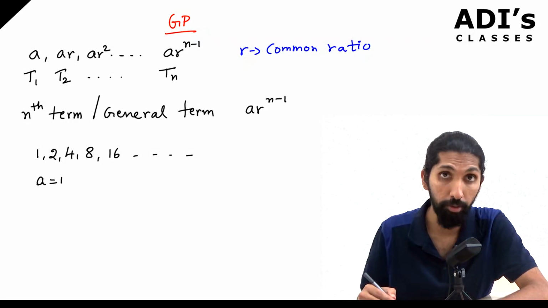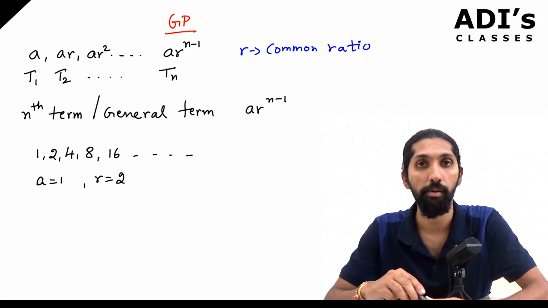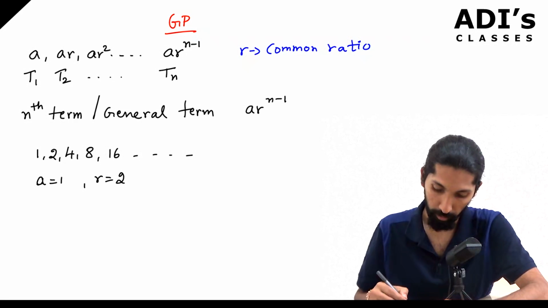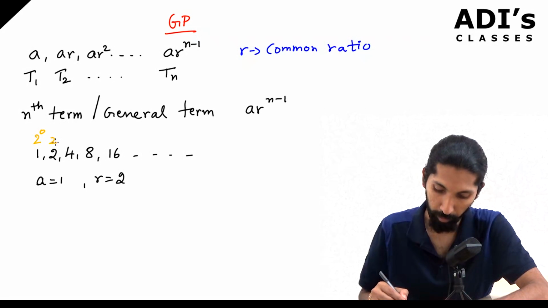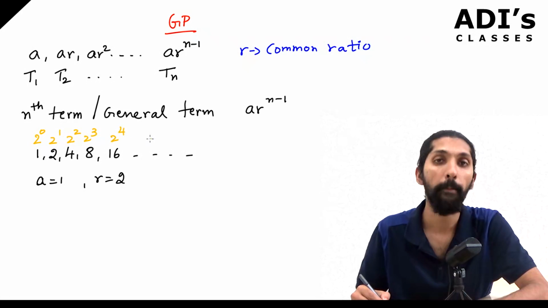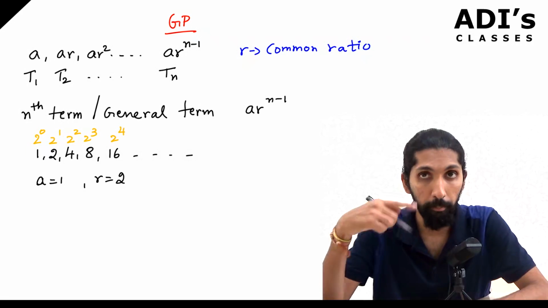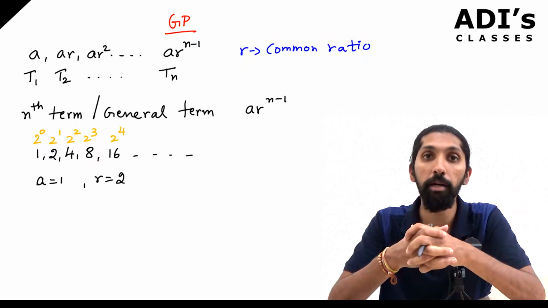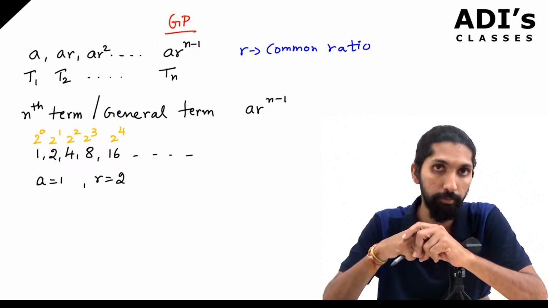The r value is 2, isn't it? See, the first number is 2 power 0, 2 power 1, 2 square, 2 cube, 2 power 4, so on and so forth. So every number we are multiplying by a common ratio which is 2.